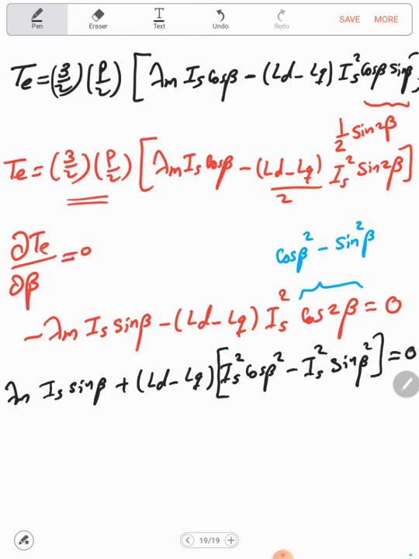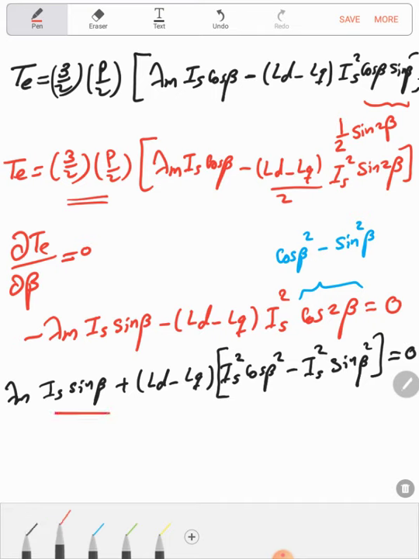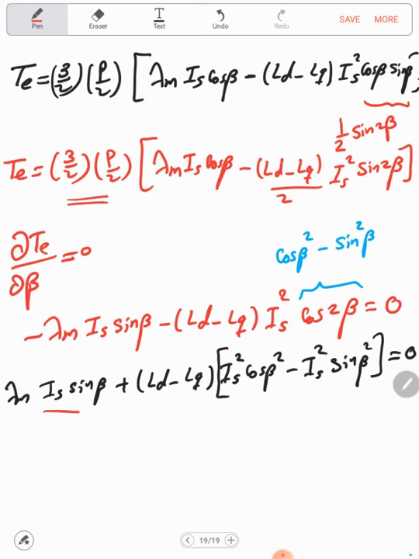This must equal 0. Now please note that IS sine beta is minus IDS. And IS cosine beta squared is IQS square, and this one is the IDS square.